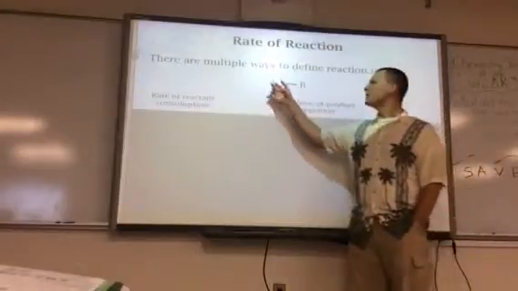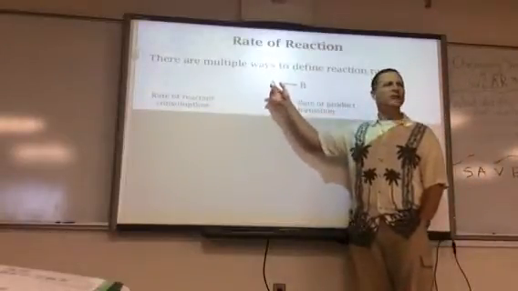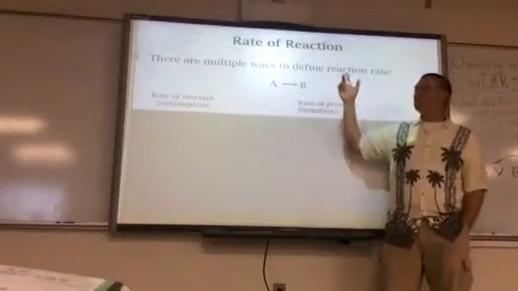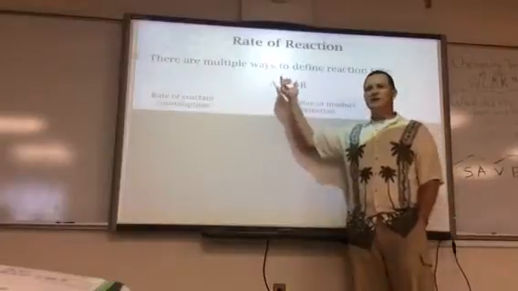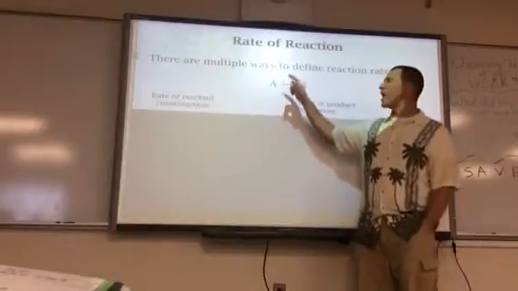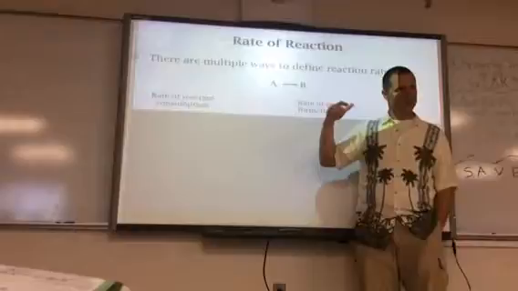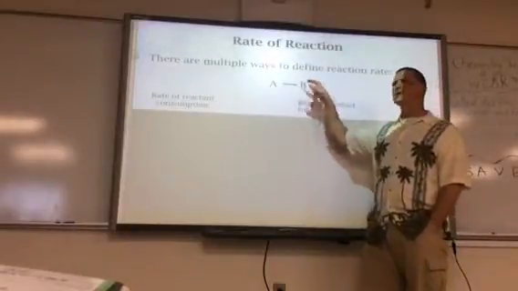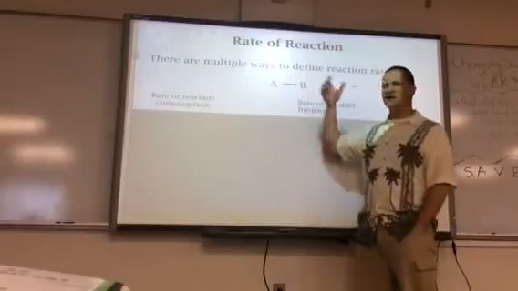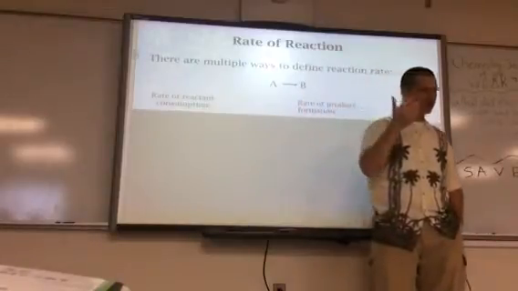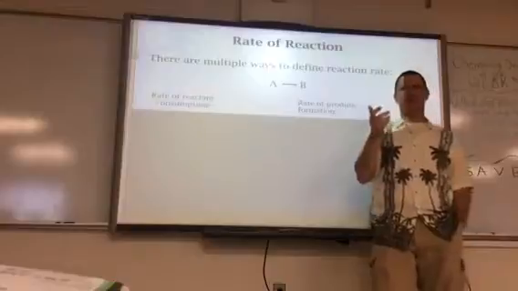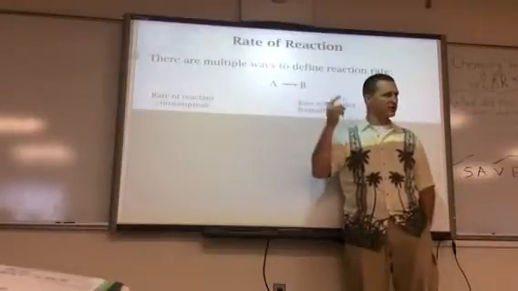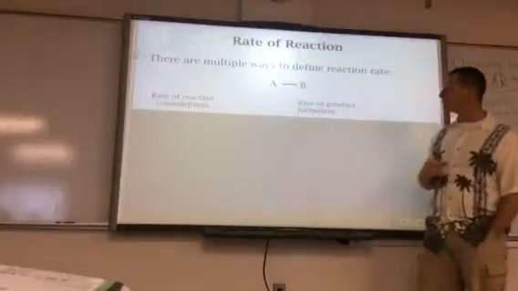We would either measure how fast this is getting used up or how fast the product is being made. Maybe the reactant is colored, and we could monitor how fast the reaction is losing color. Maybe the B is a precipitate, and we can measure how fast B is being made, how the weight of the precipitate is changing, something like that. So either way works. You can measure the rate of the reaction with either one.